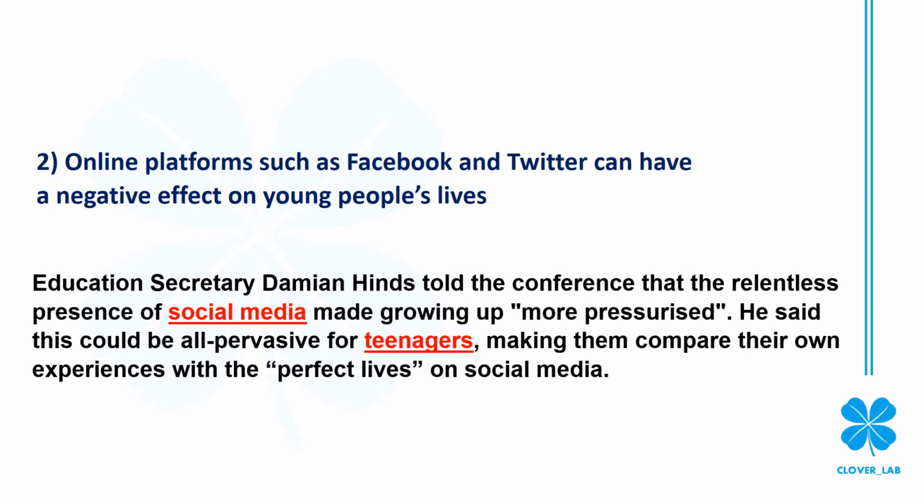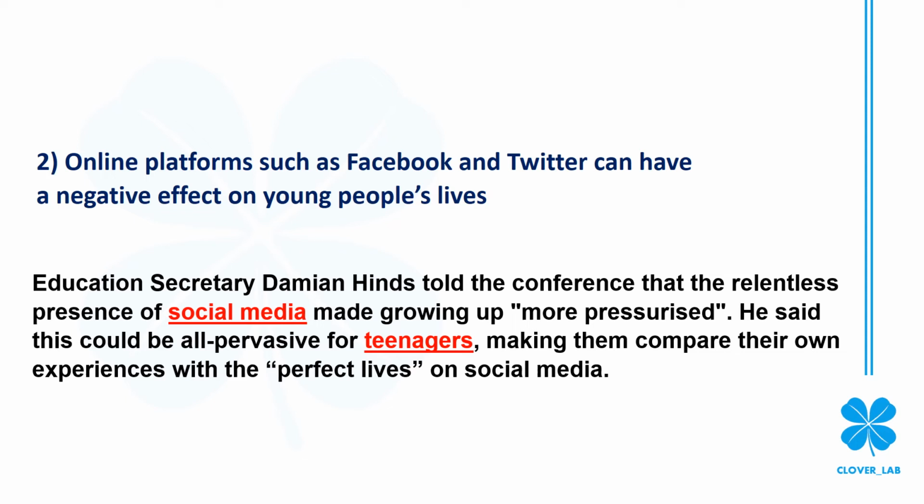You remember, guys, that information will come in order in the text. So here in the text, we should quickly spot the words social media and also the word teenagers, which is a synonym of young people, right?